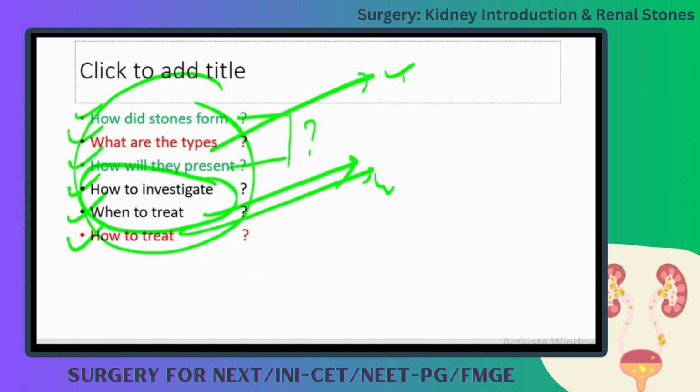Due to calcium deposition. Crystallization. Due to chronic dehydration. Supersaturation. Yeah, supersaturation. Very good.